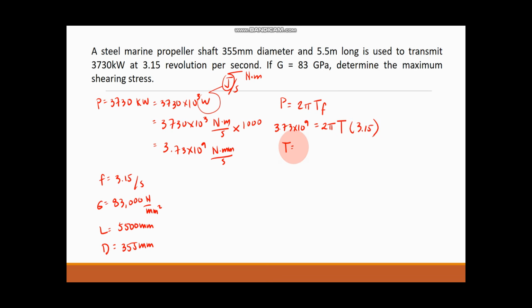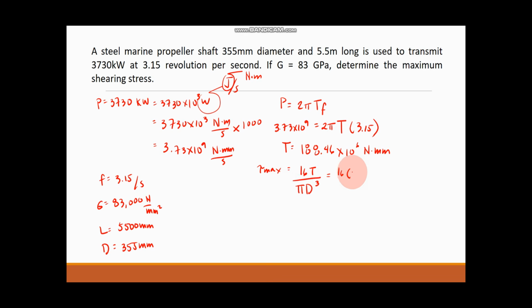So the torque would now be equal to 188.46 times 10 raised to 6 Newton millimeter. And then the maximum shearing stress is equal to 16 multiplied by the torque divided by pi d raised to 3. So substitute lang natin.